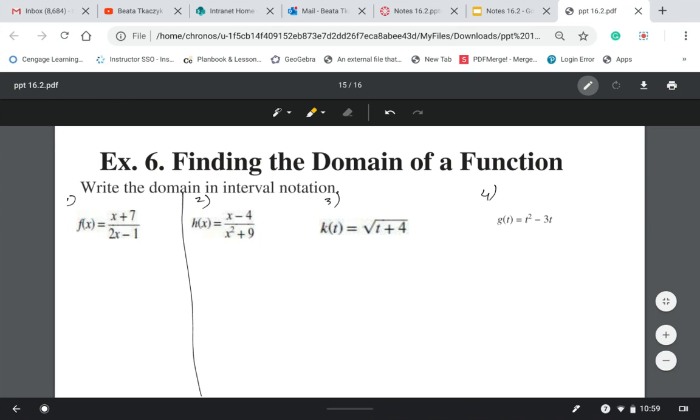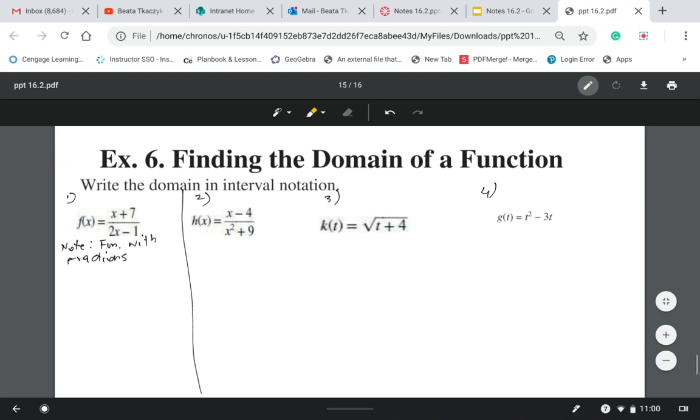When you have a fraction, we call those rational functions. So note: functions with fractions mean rational functions. This is how you find the domain.